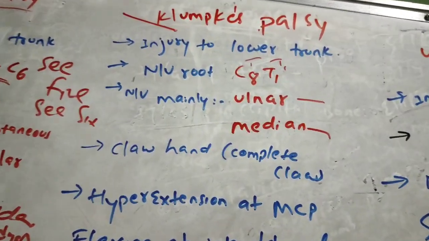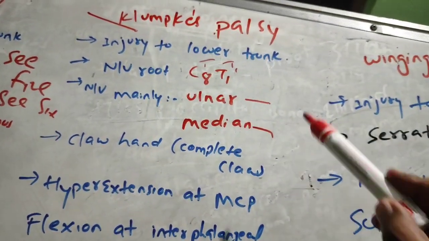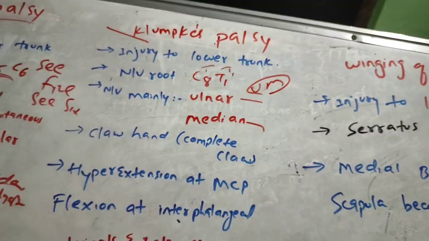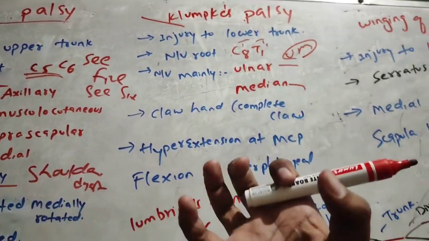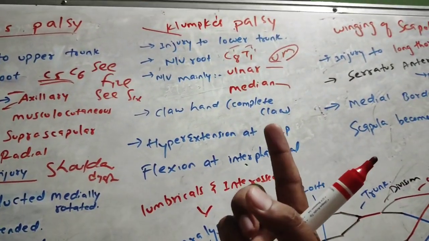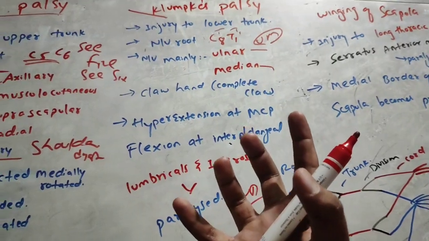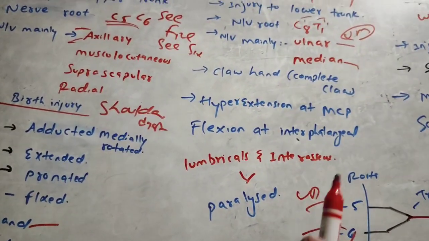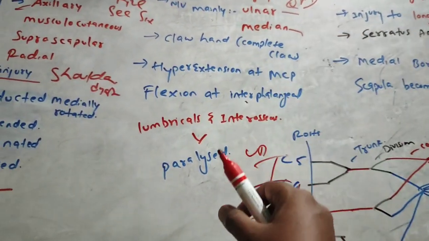The main nerves involved are the ulnar and median. What are the features? There is a claw hand. There is hyperextension of the MCP and flexion at the interphalangeal joint.